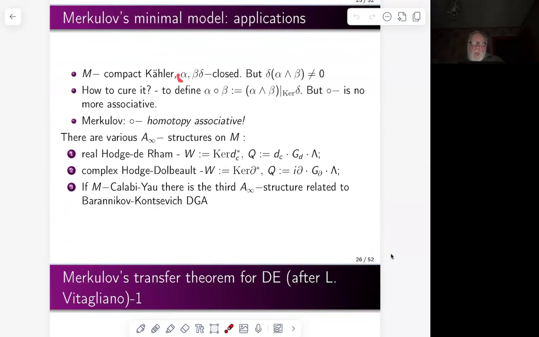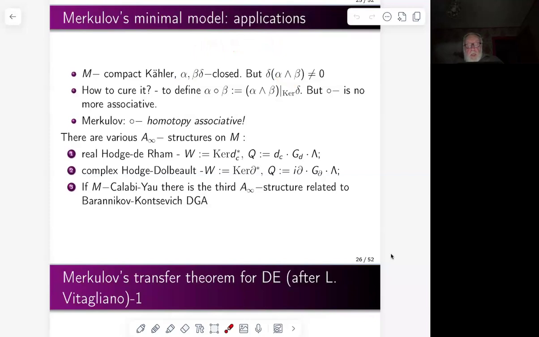If we consider two forms, alpha and beta, which are delta closed, I remember that on Kähler manifolds you have the operator delta, which is the codifferential with respect to the Hodge star. So you have the de Rham d, and you have delta equal to star d star, maybe up to a sign. It is easy to check that if you have delta-closed alpha and beta, the delta of the wedge product of alpha and beta is non-zero.